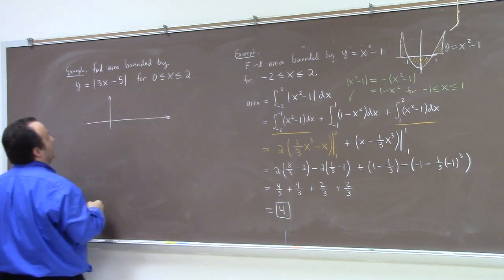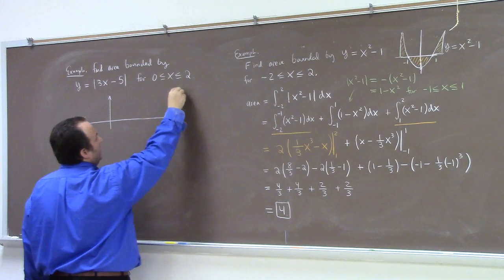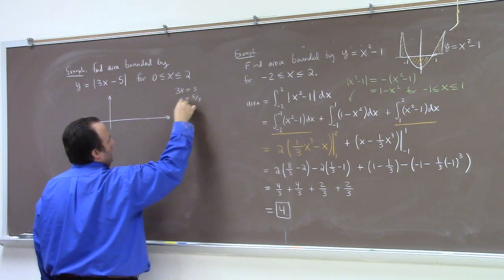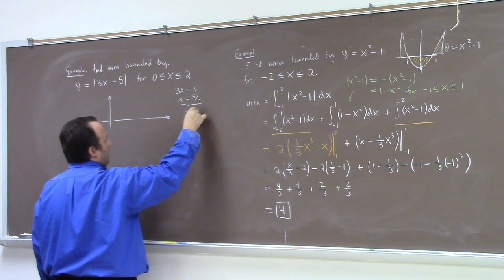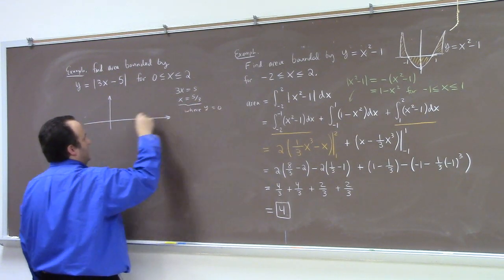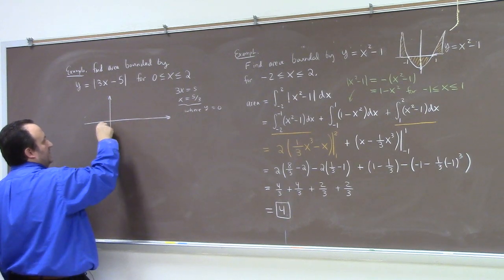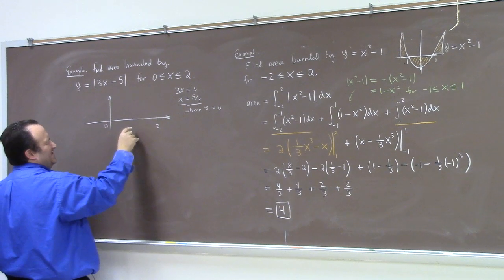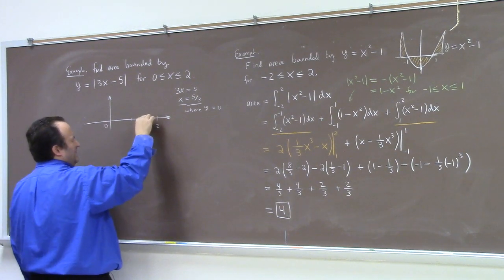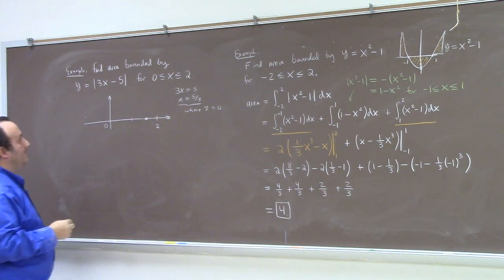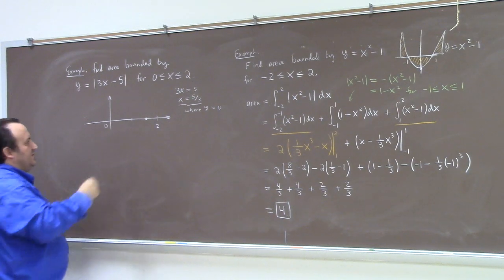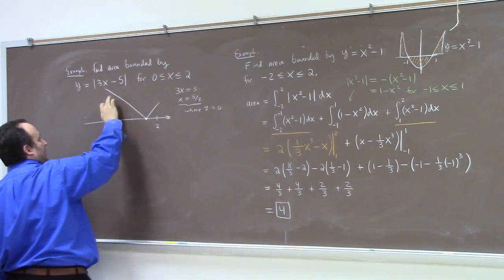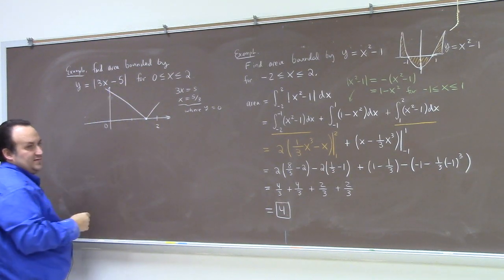Where is it 0? It's 0 when 3x is equal to 5, right? This is where it's 0. So 5/3. So here's 0. Let's say this is 2. This is 1. So 5/3 is here-ish, right? So this thing should look something like this, very crudely speaking, not to scale by any means.